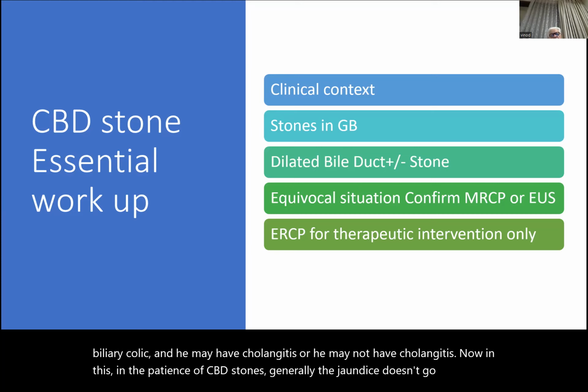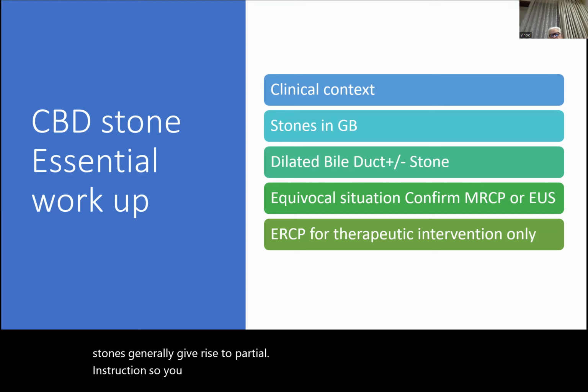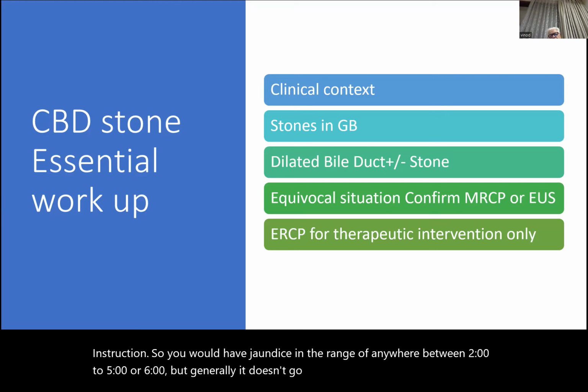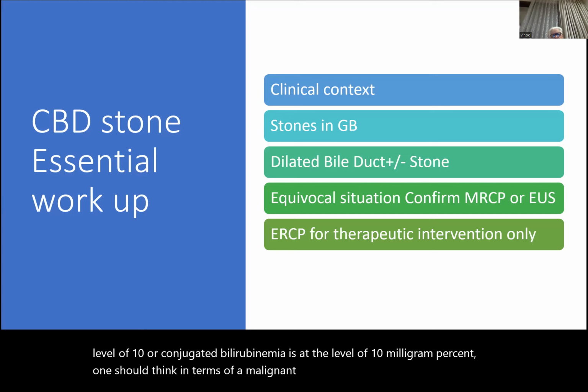And as we discussed in our last class also, it's because CBD stones generally give rise to partial obstruction. So you would have jaundice in the range of anywhere between 2 to 5 or 6, but generally it doesn't go beyond 10. If jaundice is at the level of 10 or conjugated bilirubin is at the level of 10 milligram percent, one should think in terms of a malignant obstruction.